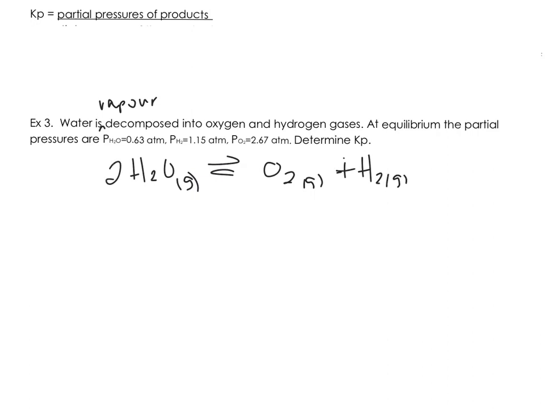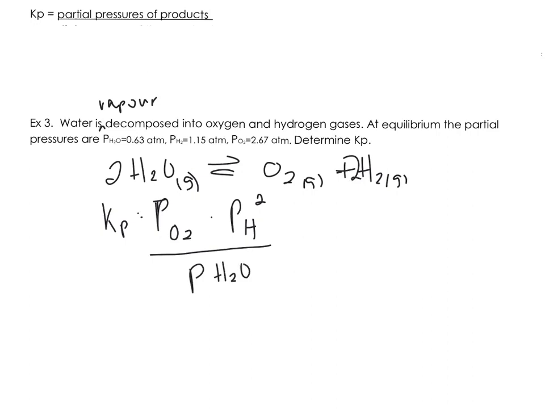So at equilibrium, the partial pressures are, okay, so Kp would be the partial pressure of oxygen times the partial pressure of hydrogen squared over the partial pressure of water vapor, also to the second order. So it is just like before when we used our concentrations.